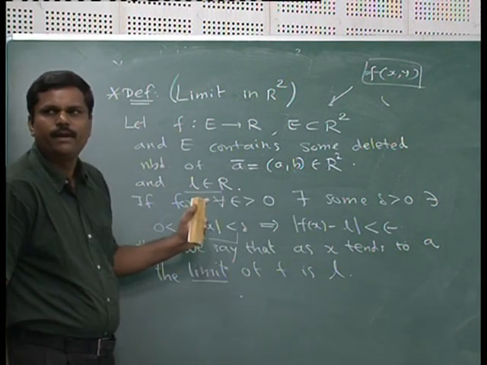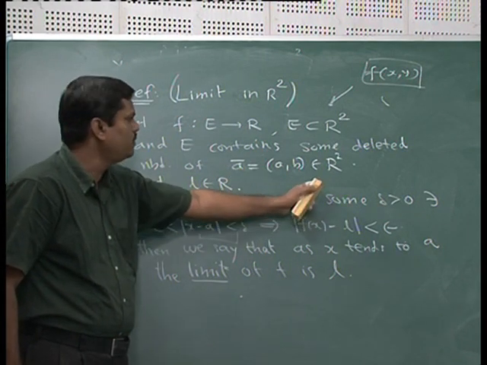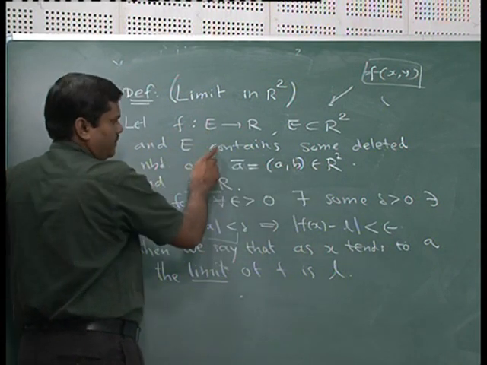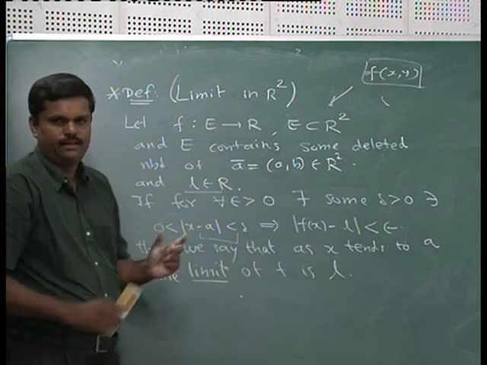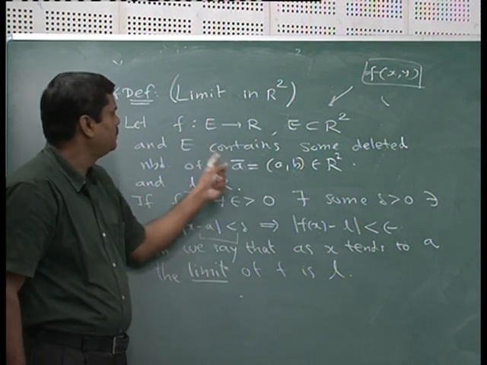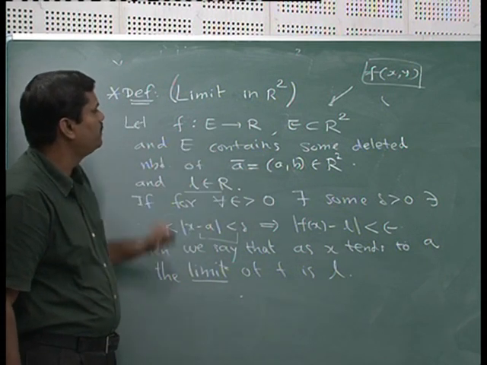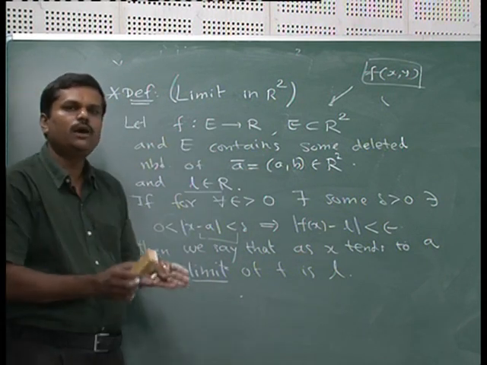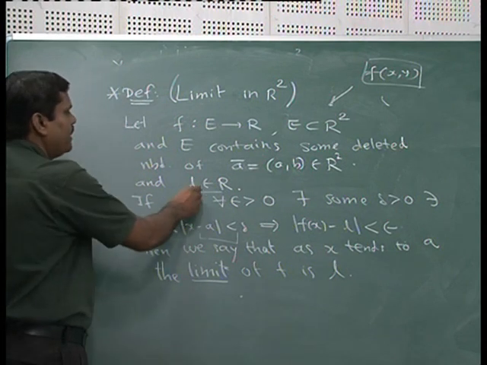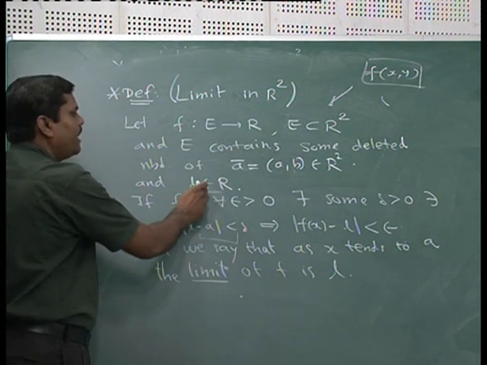Again I am reminding you that this a bar, equal to (a, b) belonging to R2, is not necessarily a point in E. Please pay attention that for discussing the limit of a function, the point a bar at which you are discussing the limit need not be in the domain, meaning the function may not be defined at the point a bar. And L is known to us. L is a real number.